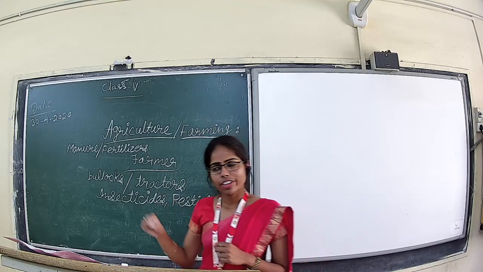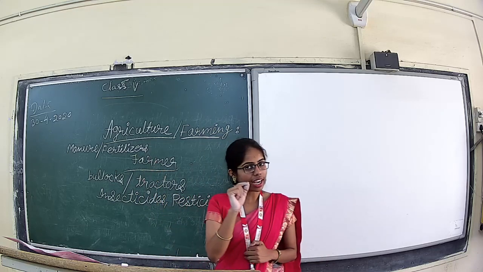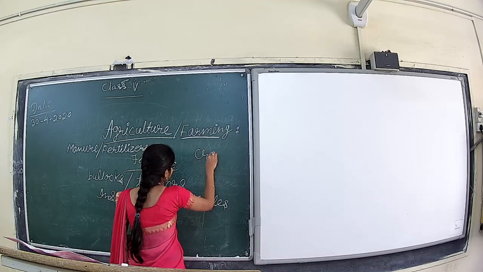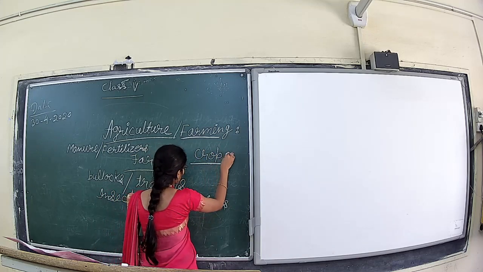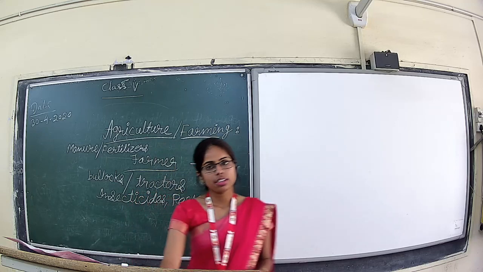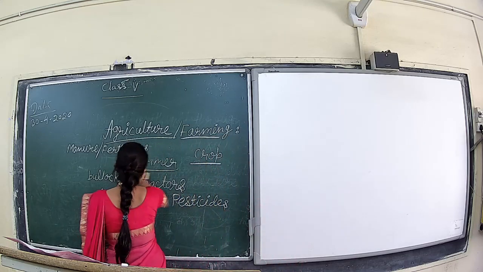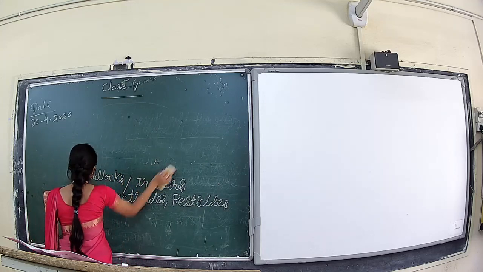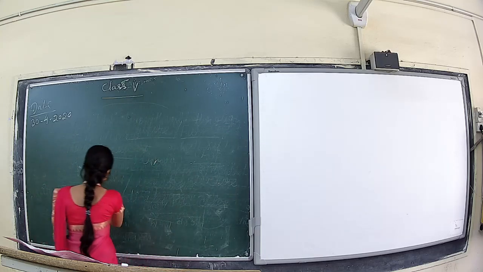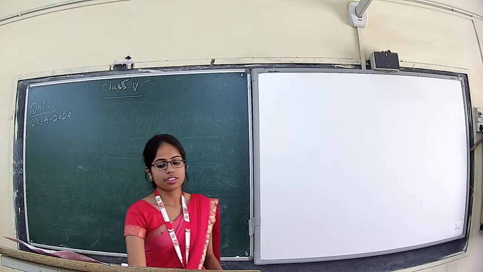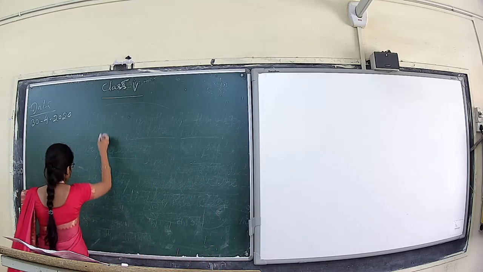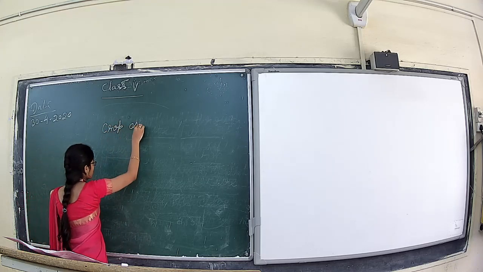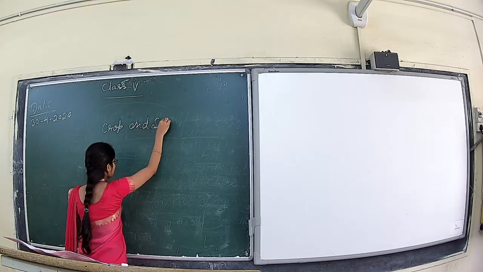Now, when I was explaining agriculture to you, I used one term, crop. Do you know what the difference between crop and seed is? There is a very little difference between crop and seed. Let's understand what that difference is. What did we say about the seed?